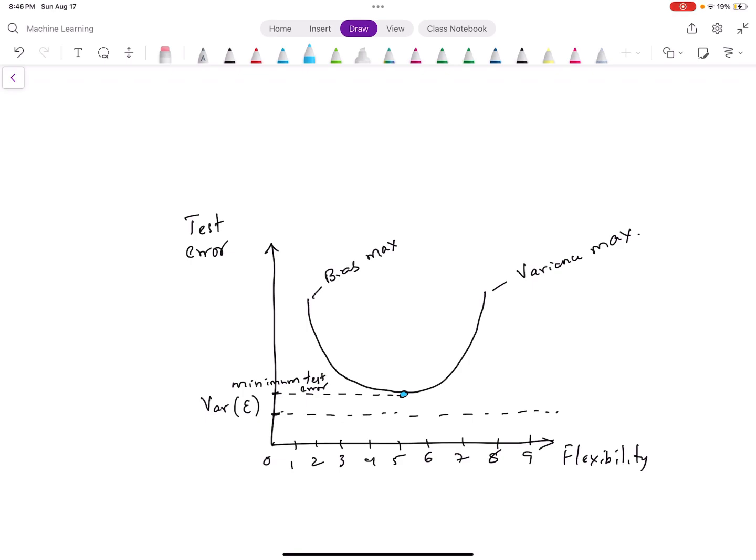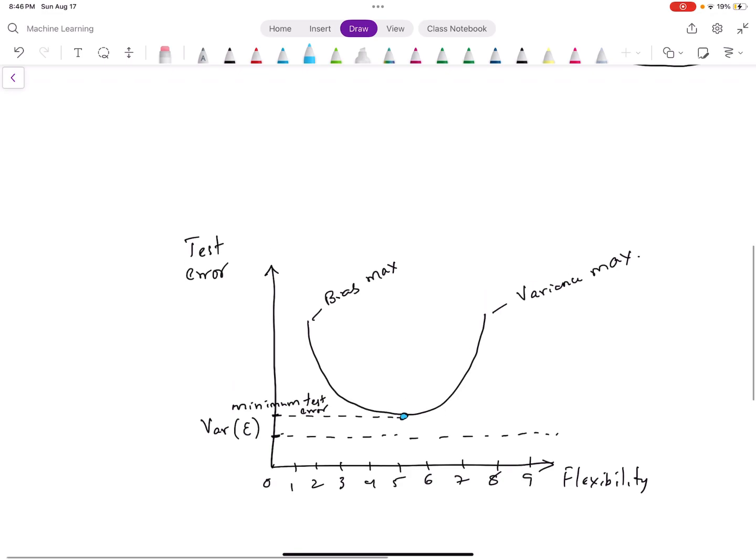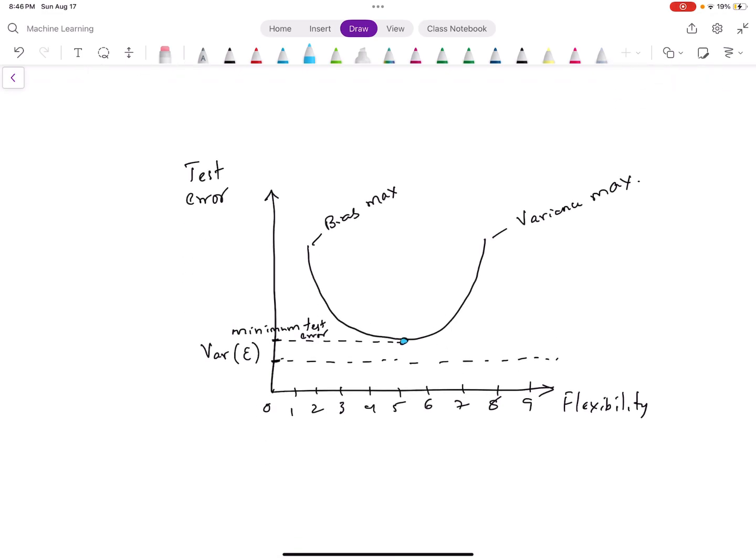Such a phenomenon of trying to balance the bias of a model with the variance is known as the bias variance trade-off. Thank you.